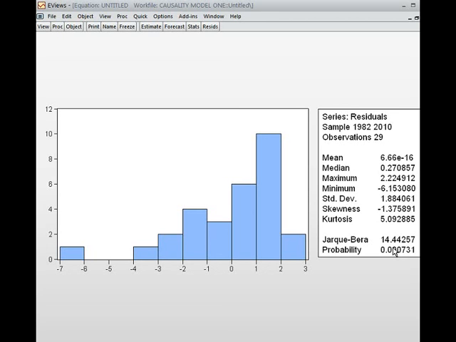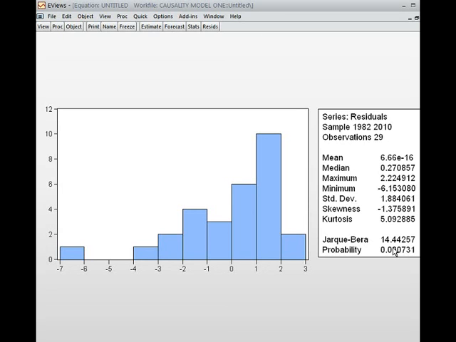So that is a bad sign for this model, that the residuals are not normal. But still it is manageable, because even if the residuals are not normal, still we can accept the model.